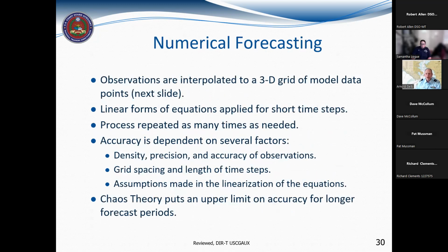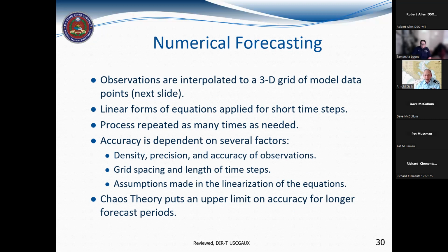Then we get to numerical forecasting. Here, observations are interpolated onto a three-dimensional grid of model data that we'll be showing in the next slide. And equations are used, being in linear form for short time steps or periods. And then in a computer, the process is repeated over and over as many times as needed.